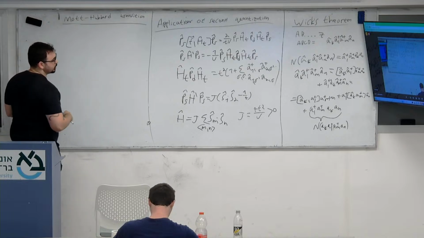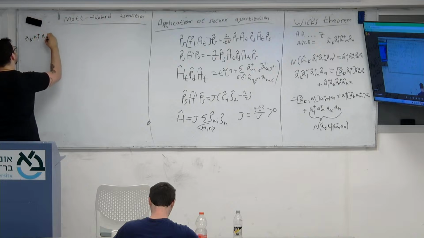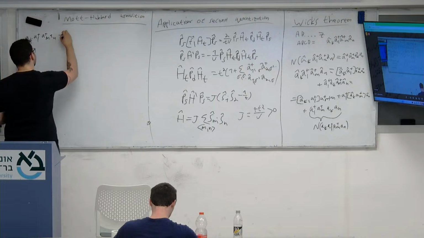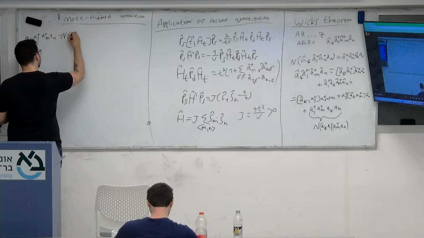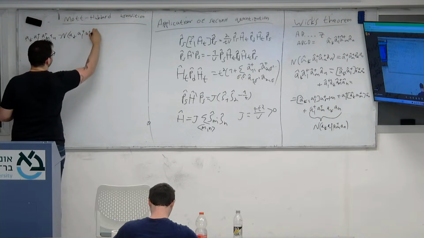Between the original operator and the normal order operator, the difference is the original minus N of it.